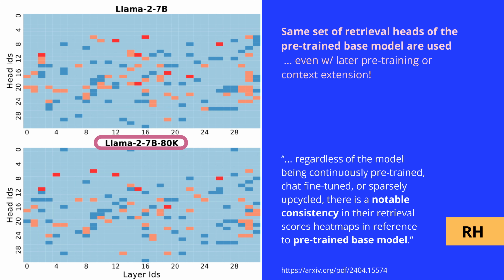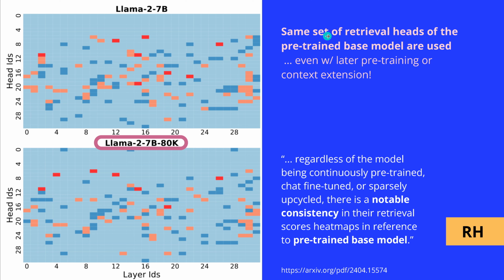Now, the authors write in the summary that the same set of retrieval heads, let's say our red ones, of the pre-trained base model, the pre-trained LLM Llama 2, are used even if a later pre-training or a context extension is performed on the system. Now, I would be a little bit more precise.